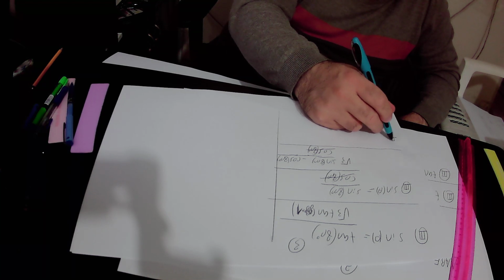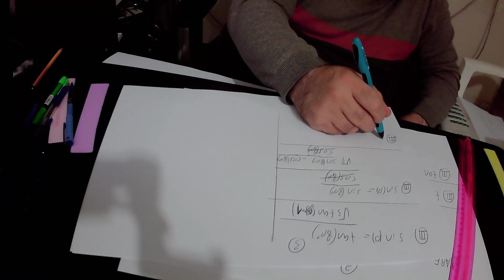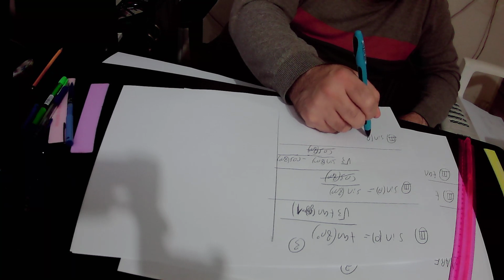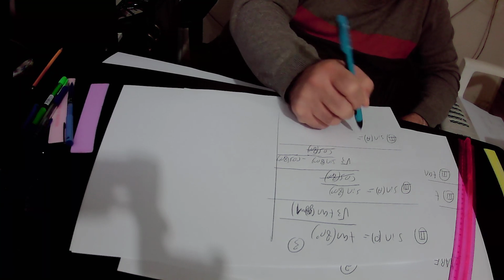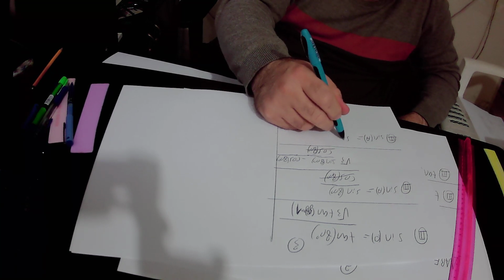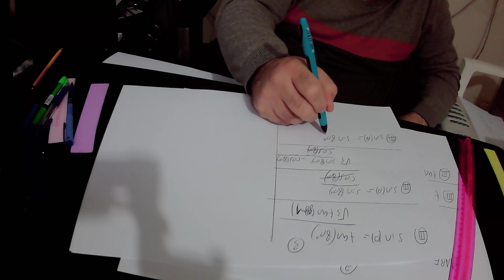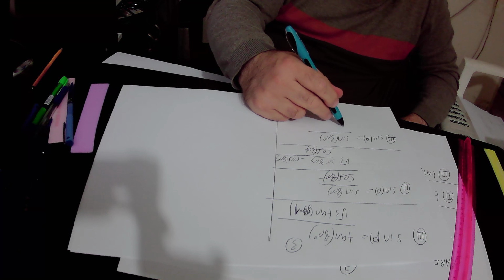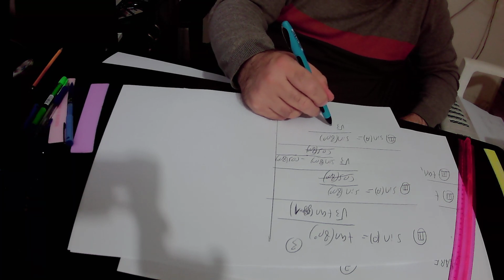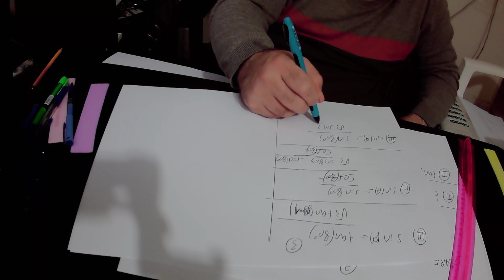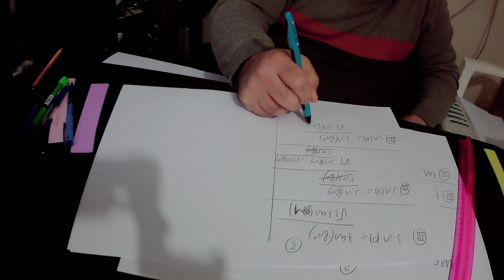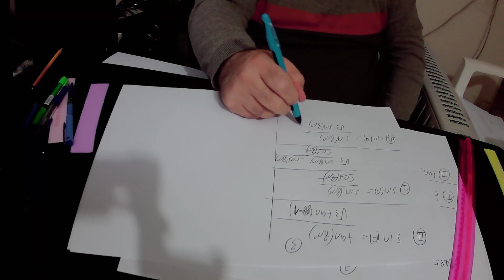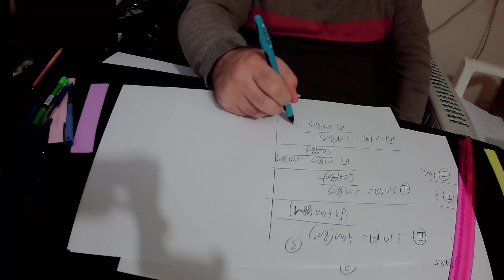On this side we have sine theta. On the other side we have sine 80 degrees over square root of 3 times sine 80 degrees minus cosine 80 degrees.